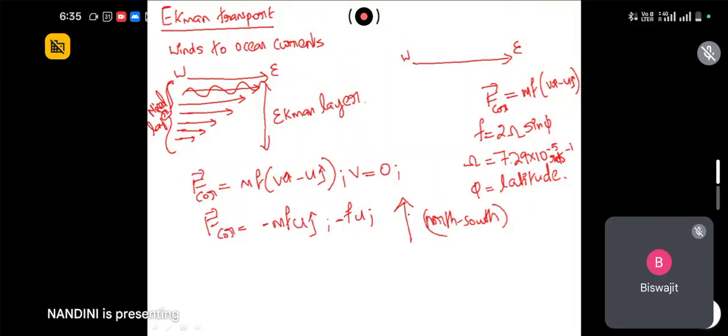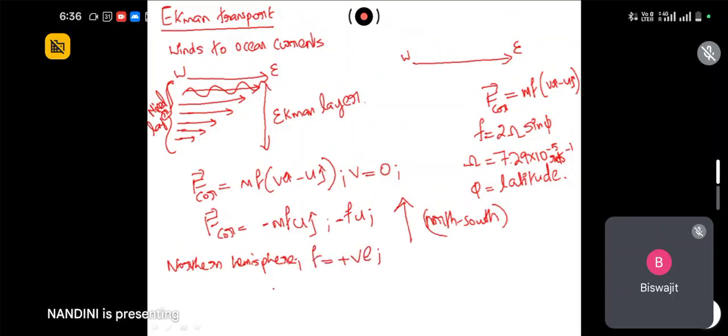We'll confirm the value. Anyway, if U is there, the Coriolis force is acting in the north-south or meridional direction. Now, suppose the wind is in the northern hemisphere. Northern hemisphere means latitude will be positive, so F will be positive.